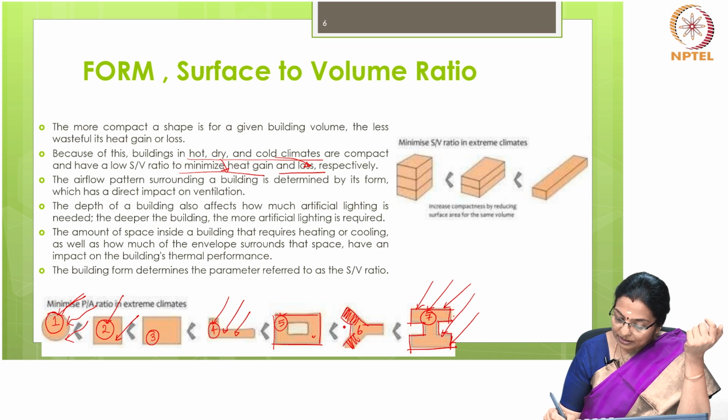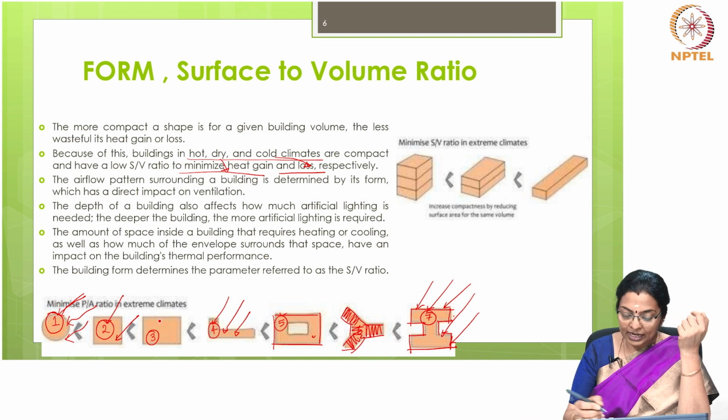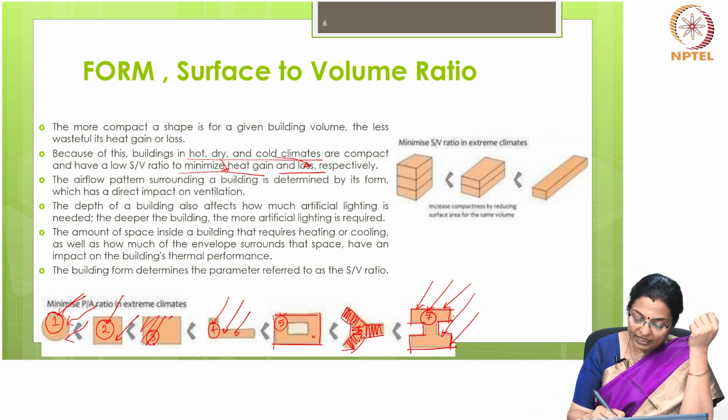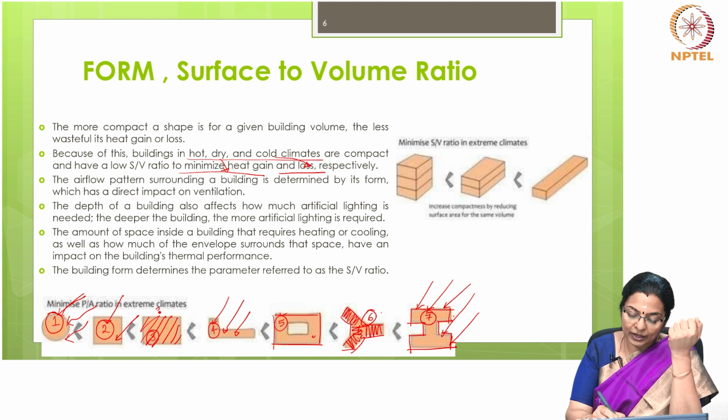So, a building of this profile would require very little artificial lighting as compared to a building of profile 3. So, profile 6 is much better for natural lighting as compared to profile 3.